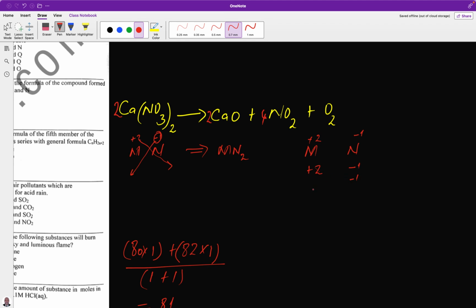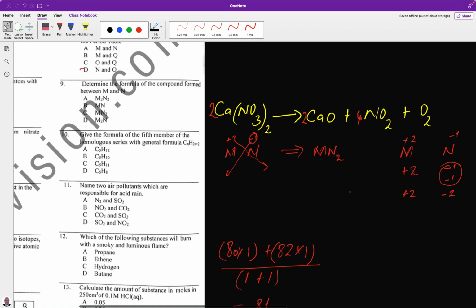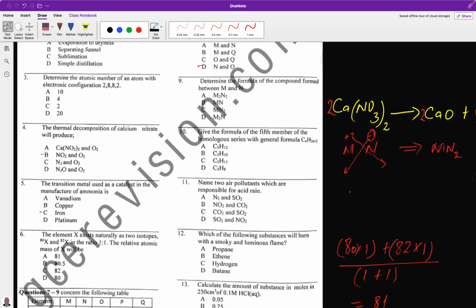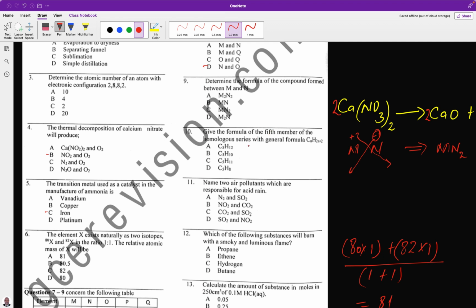Now it is +2 and -2. There are 2 of N and only 1 of M. So the formula is MN2. For question number 9, MN2 is C.